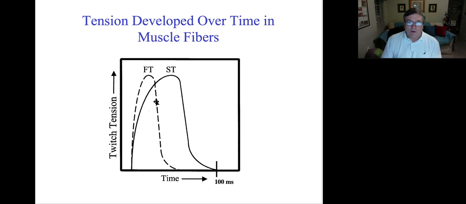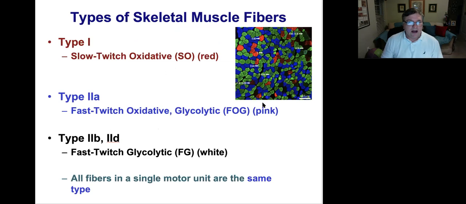So you have slow twitch myosin, you have fast twitch myosin, and then the fast twitch fibers we can break down to type 2A, 2Bs, and 2Ds, or 2Xs, they mean the same thing. The type 2Bs and type 2Ds or 2Xs, mechanically, do about the same thing. They're larger fibers, they can produce a lot of force, they can also shorten really quickly, and so they can produce a lot of power. They're our booster rocket, and we recruit them at higher intensities.